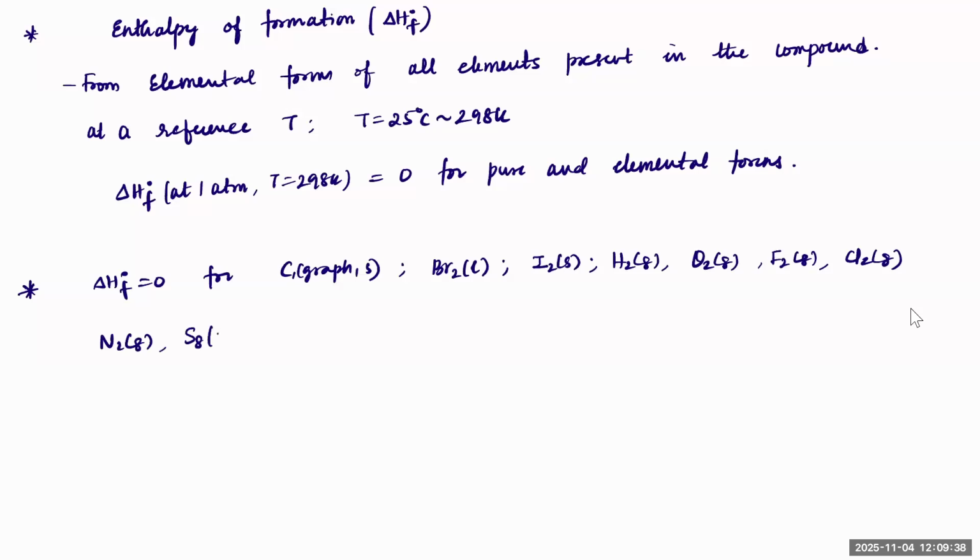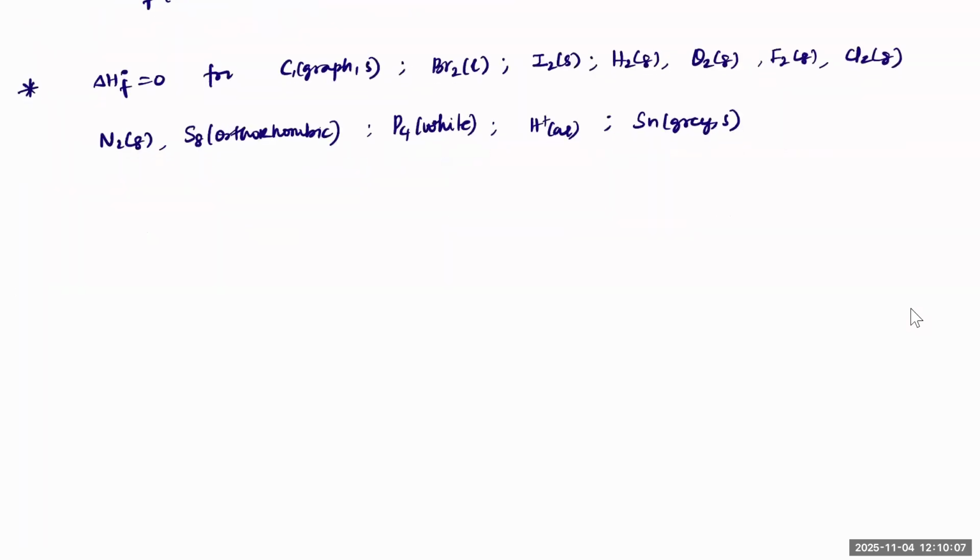Sulfur in its orthorhombic allotropic form, then P4 in its white allotropic form. Next, H plus in aqueous solution is also 0, and tin in its gray solid form is 0. These are the ones you should definitely remember.